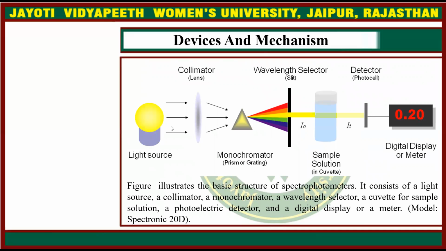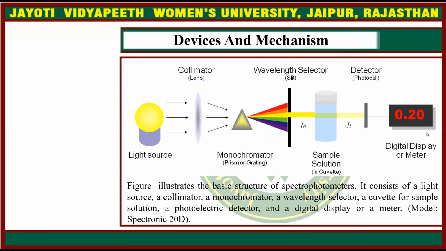The light from the source collides on the lens, passes through the lens, then passes through the monochromator, which acts as a wavelength selector, and passes through the slit. Basically there is incident light and transmitted light, and there is a digital display or meter or a detector.